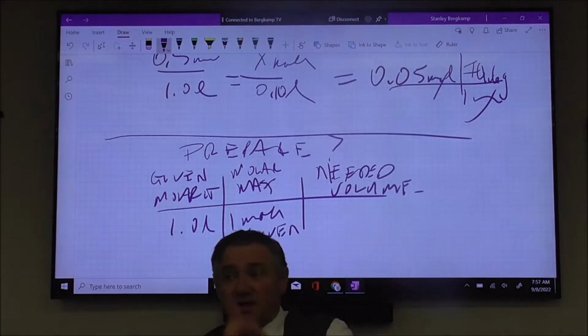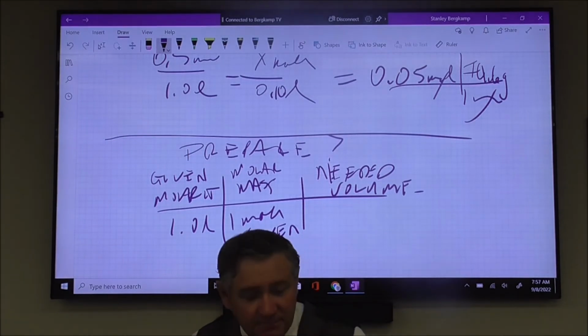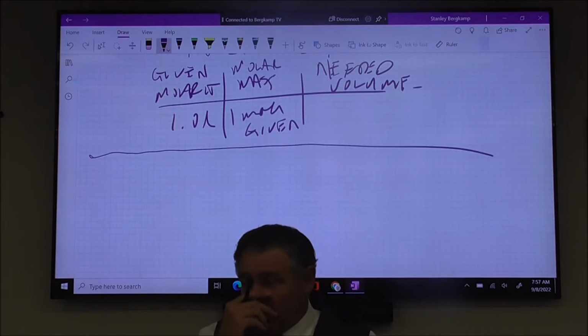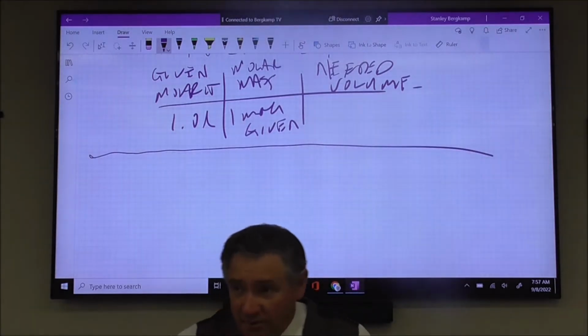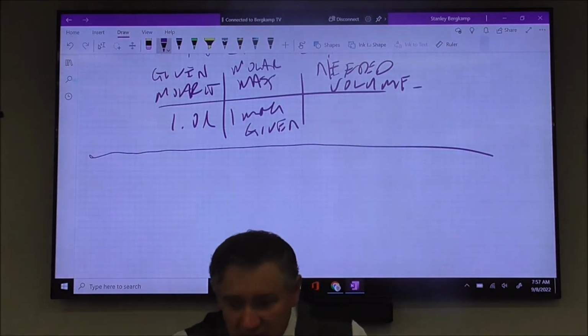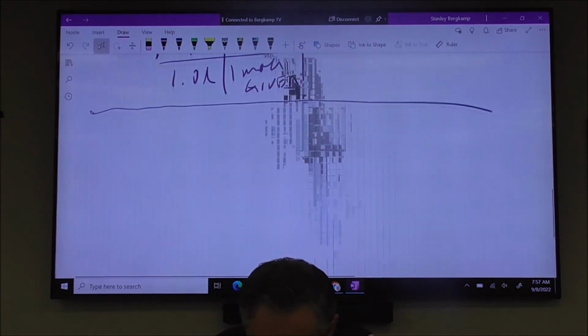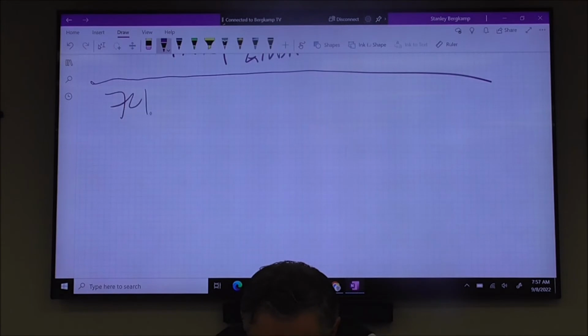Okay, so that's one molarity problem you've got to be able to do. Now, the second molarity problem you've got to do is that I'm going to give you information and you're going to calculate the molarity. So let's use the potassium chloride, so we already know that molar mass. 74.6 grams per mole. Okay?